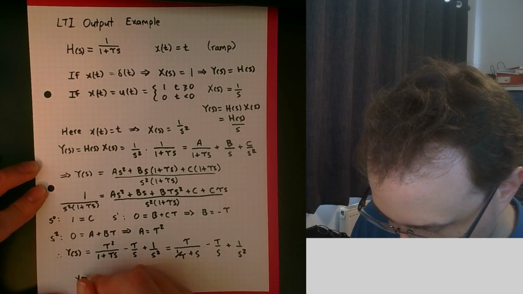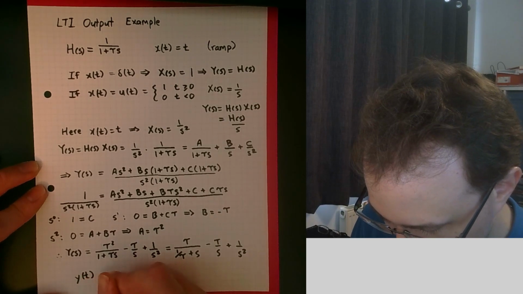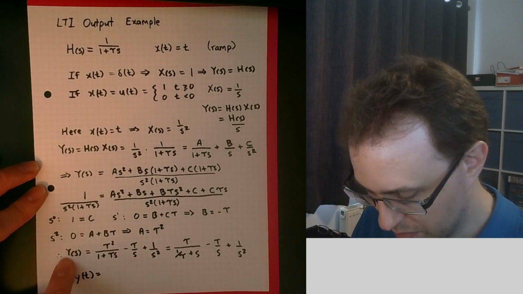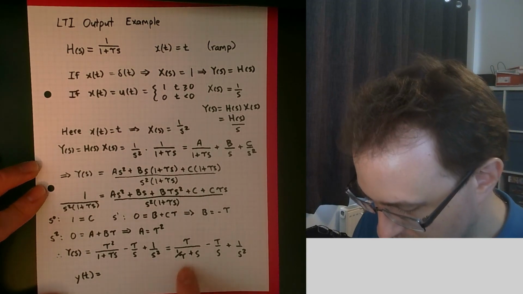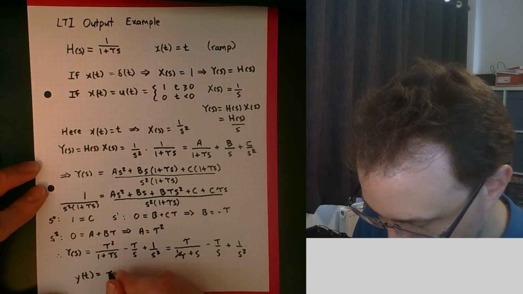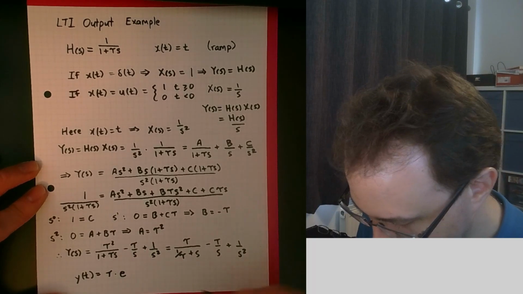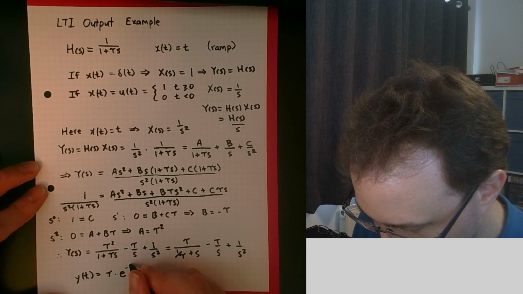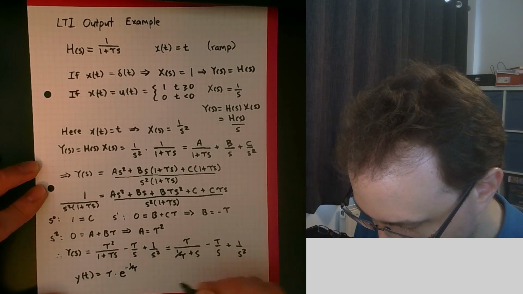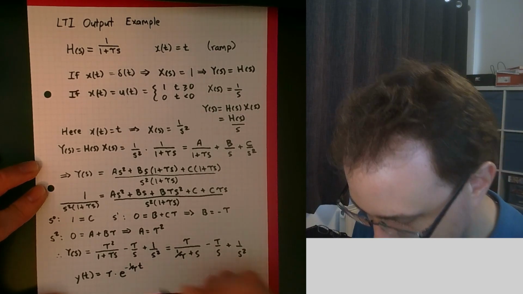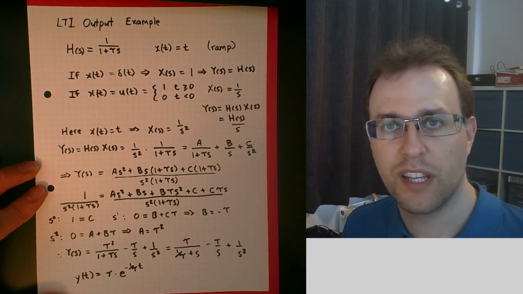So if we start writing our time domain y of t, which is just the inverse Laplace transform of y of s, this term here will correspond to tau multiplied by an exponential e to the negative 1 over tau times t. We can just call that negative t over tau.